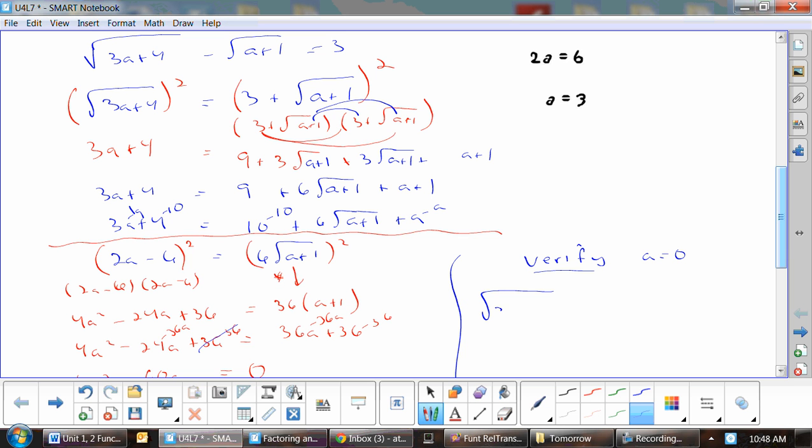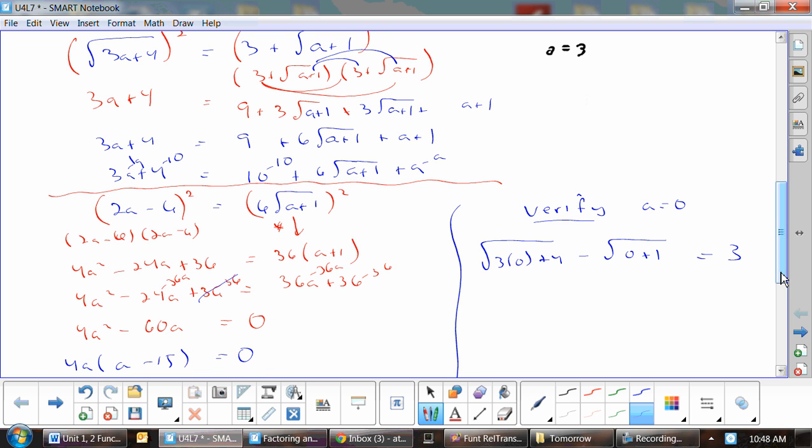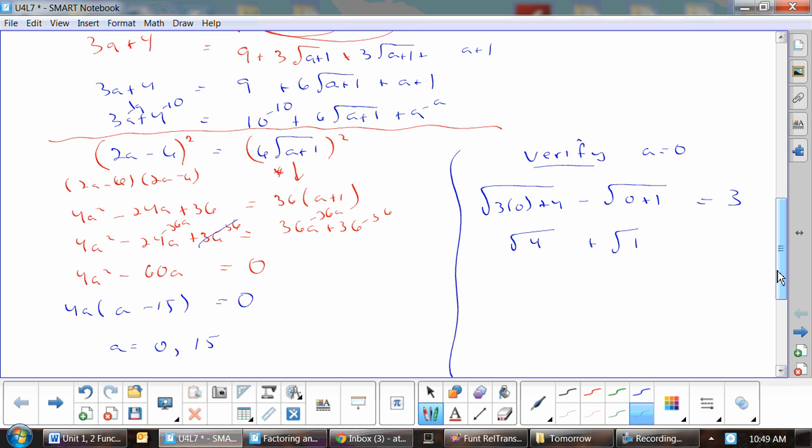So it's square root of 3 times 0 plus 4 minus square root of 0 plus 1. This is supposed to equal 3. Well, I'll find out. 3 times 0 plus 4 is square root of 4, plus square root of 1, minus 1.